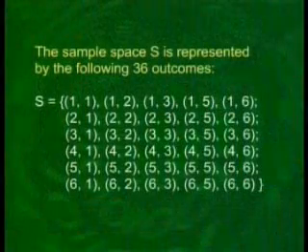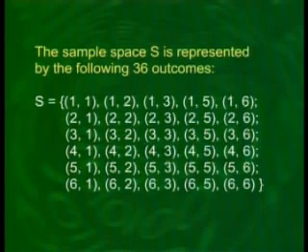Students, for that we will have to consider the sample space of the joint situation, and as you now see on the screen, the sample space consists of the 36 possible outcomes 1,1, 1,2, 1,3, 1,4, and so on up to 6,6. Now, it is obvious that the total number of possible outcomes for the joint experiment is 36. But how do we determine the number of outcomes that are favoring the joint event A intersection B?